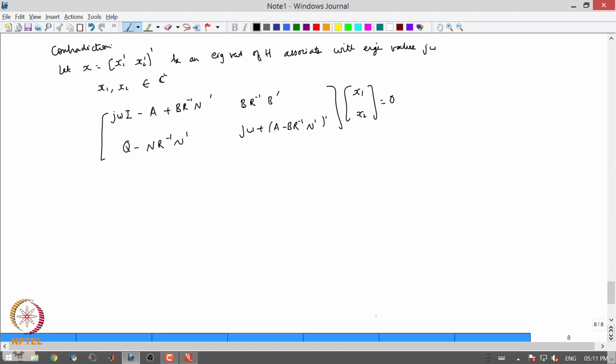Okay. Now, if lambda and x are an eigenvalue-eigenvector pair of H, and H is real valued, I can rewrite this as [x1 star, x2 star] H [x1; x2] plus [x1 star, x2 star] H transpose [x1; x2].